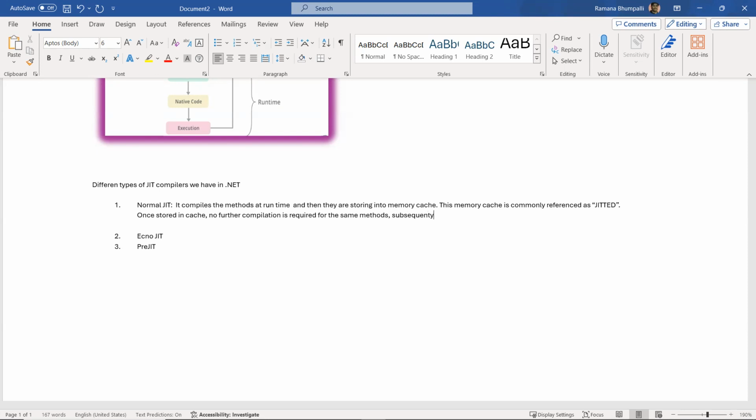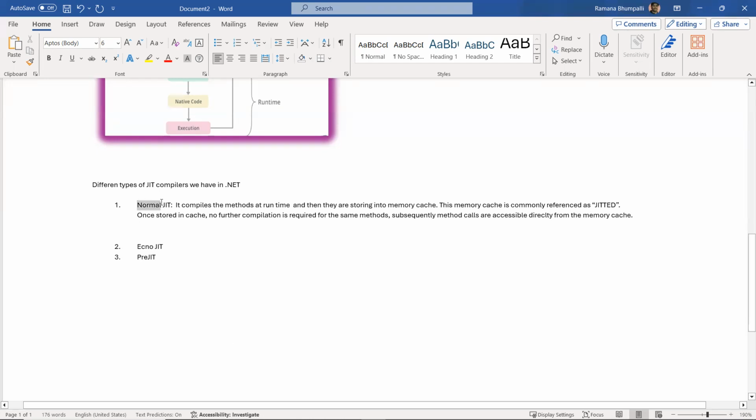Subsequently, method calls are accessible directly from the memory cache. So this is one of the advantages of normal JIT. Normal JIT basically compiles the methods at runtime and keeps them in the memory cache.